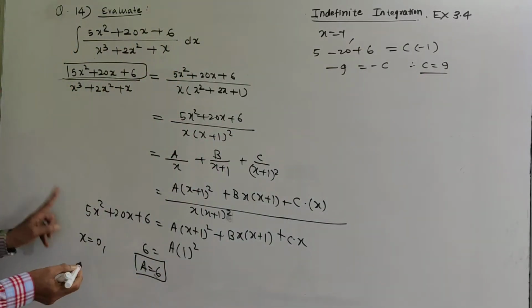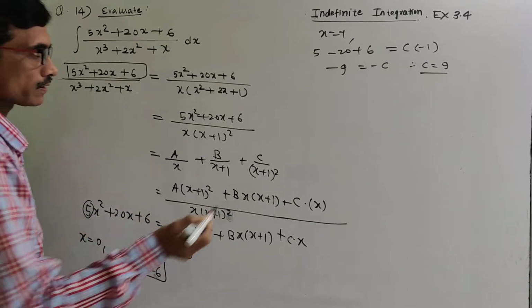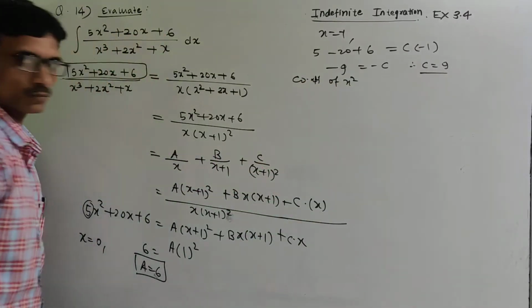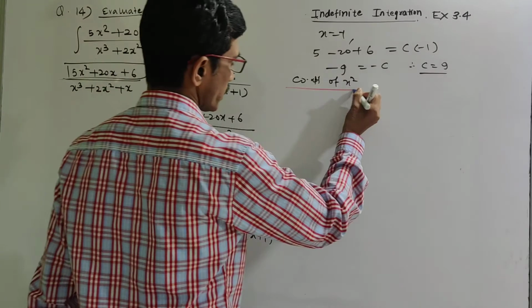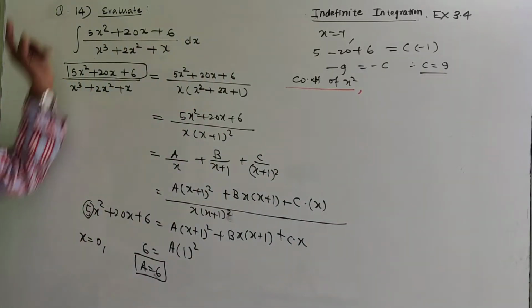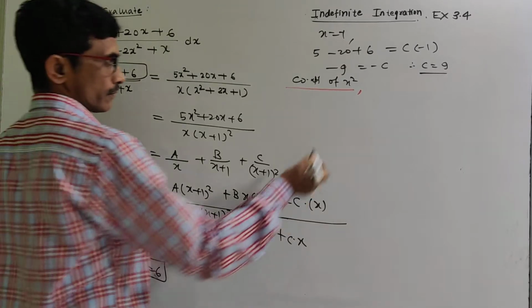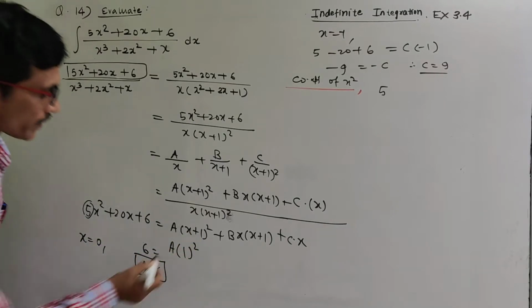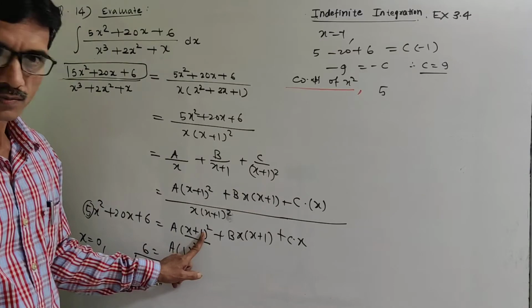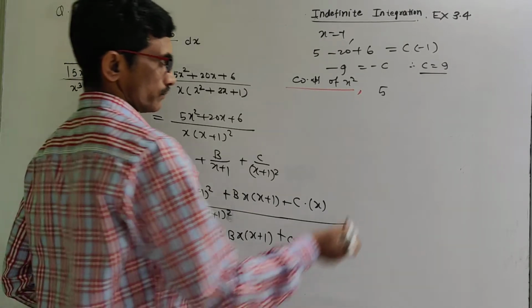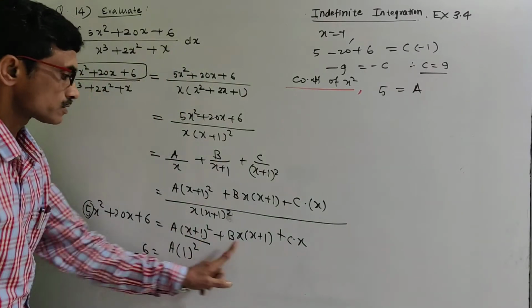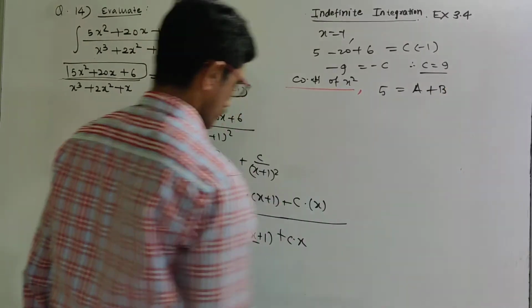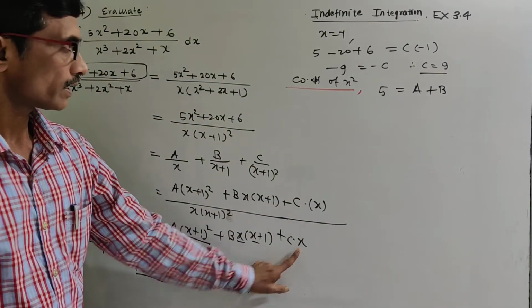B find करने के लिए we will equate the coefficient of x square from either side. Here coefficient of x square in the left hand side is 5. यहाँ पे right hand side में if we expand this, it will be x square + 2x + 1. मतलब x square का कोएफिशिएंट होगा A. इसको हम मल्टीप्लाई करेंगे x into x, x square and B. So coefficient of x square is B. यहाँ पे हमको कोएफिशिएंट ऑफ x square नहीं मिलने वाला है.